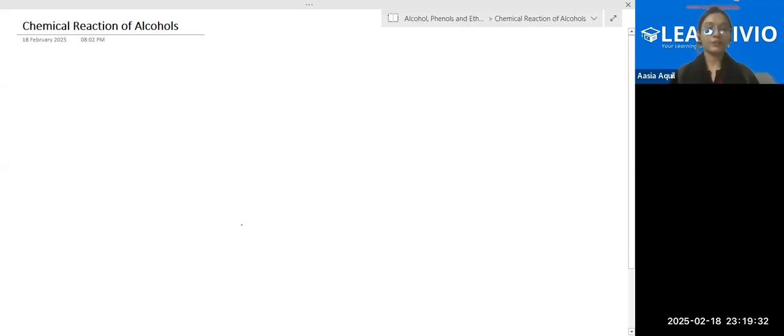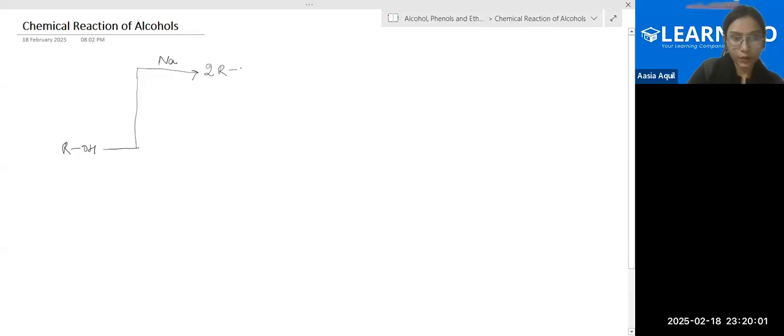Now the chemical reactions of alcohol. Let's see one by one. When you take alcohol like ROH and react it with sodium, what will happen here? 2 moles of ROH, hydrogen gas will be liberated, and sodium will be placed here.